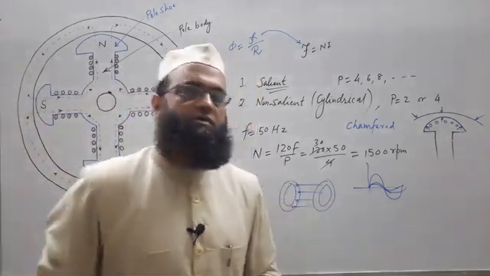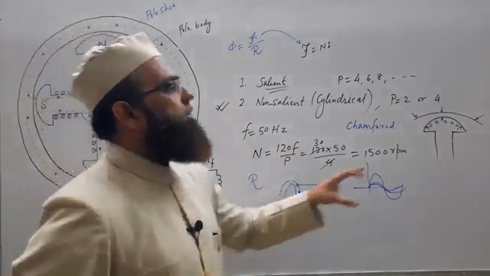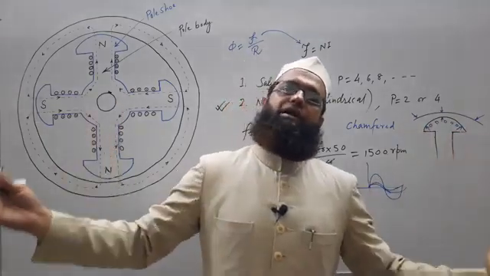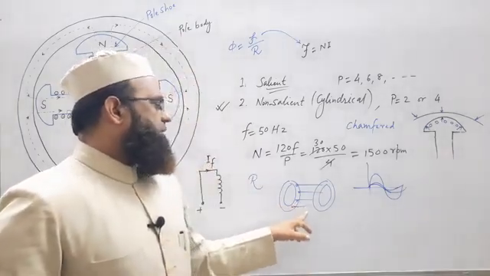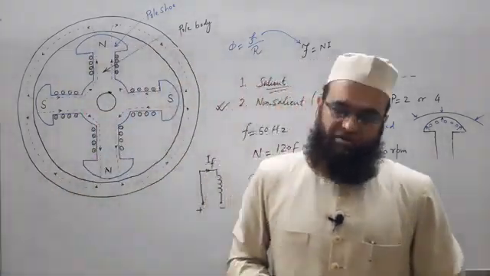So why are we doing this? The reason behind having copper bars inserted on the pole shoe and connected at both the ends with the help of end rings, forming a structure similar to that of a squirrel cage rotor of an induction machine, is point number 1.